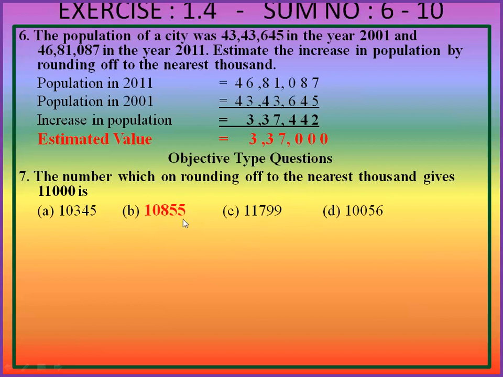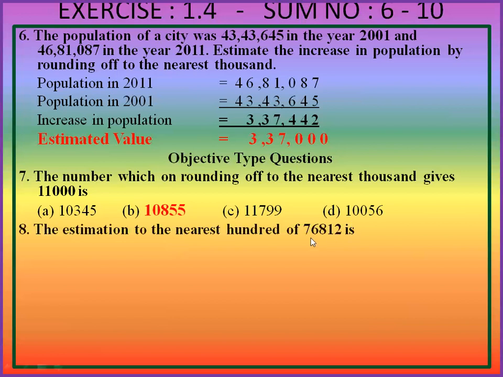So your answer is already highlighted, 10,855. The estimation to the nearest hundreds of 76,812. 12 is in the hundreds. So look at the tens place is 1. So ignore. The answer will be 76,800. You could see the option highlighted.